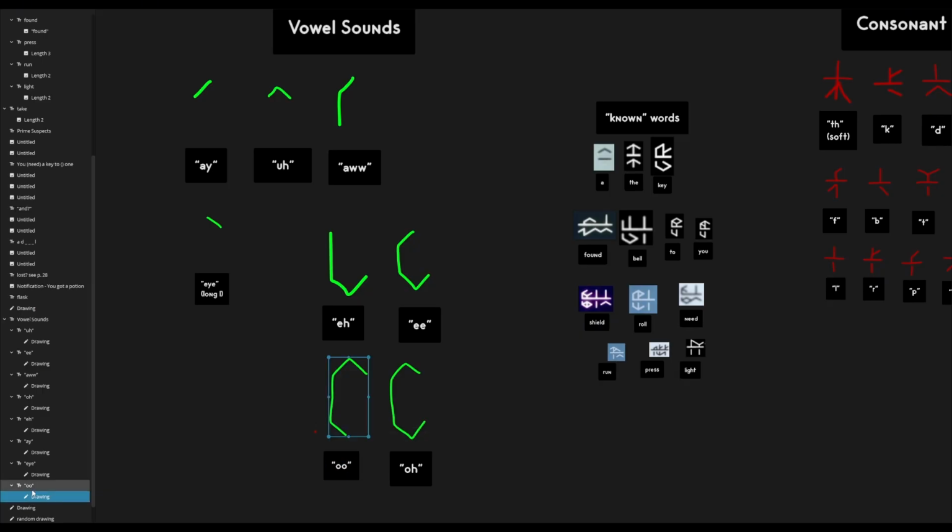Okay. This is the one I was a little confused about. Ow. But if that's an N and that's a D, then it's combining the diphthong, which is interesting. An interesting choice. So down here.